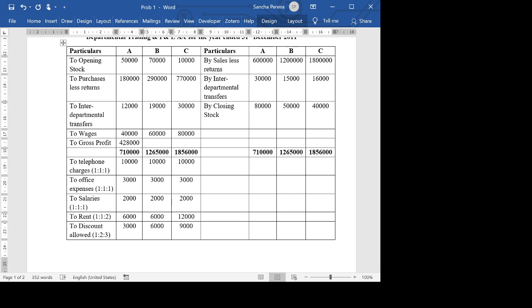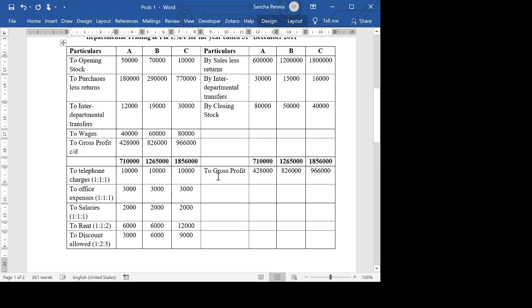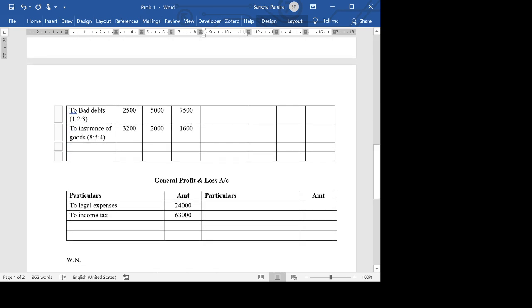Then there is 8 lakhs 26,000 and 9 lakhs 66,000. So we immediately bring down the gross profit, to gross profit carried down, and by gross profit brought down. And then you calculate your net profit.